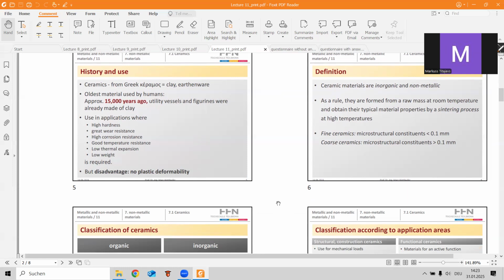As a rule, they are formed from a raw mass at room temperature and obtain their typical material properties by a settling process at high temperature. Fine ceramic has macrostructural constituents less than 0.1 millimeters, and coarse ceramic has constituents larger than 0.1.